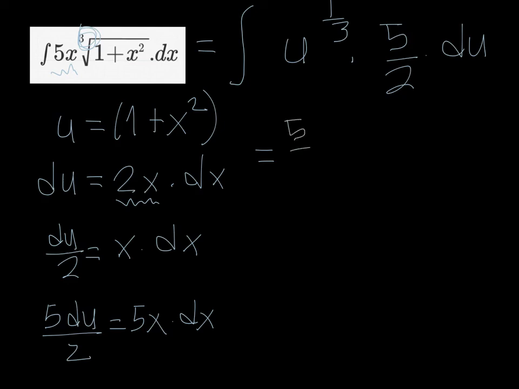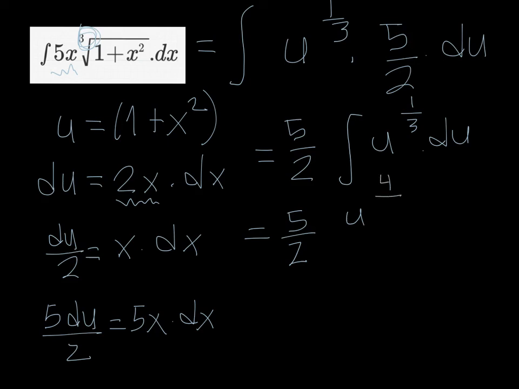So again, write the constant out of the integral sign. That will be 5/2 of u to the 1/3 times du. And then you just use the basic rule of integration, which is u to the 1/3 plus 1, that will be 4/3, over 4/3 plus c.